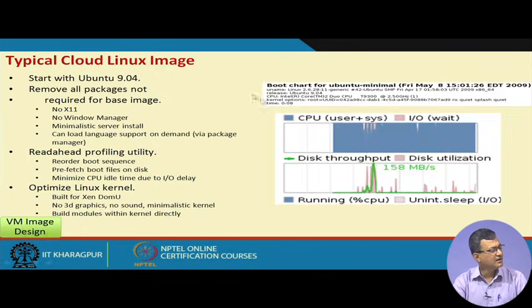This is a typical example scenario where we start with Ubuntu 9.04 and remove all packages which are not required, like if I do not require X11 or a window manager. Use a read ahead profiling utility and reorder the boot sequence, so that I can prefetch boot files on the disk and minimize CPU idle time due to IO delays.